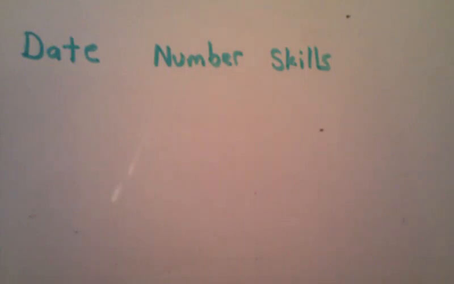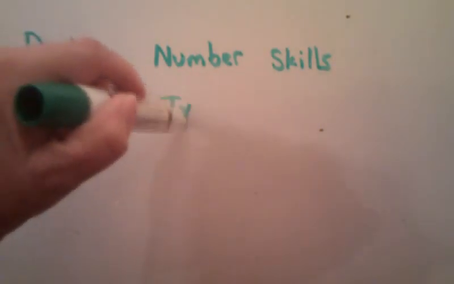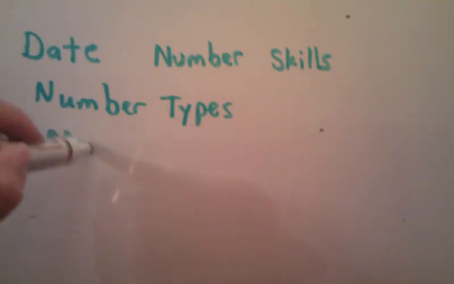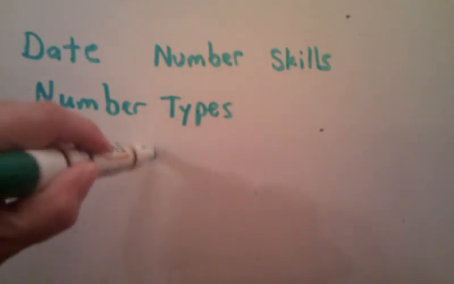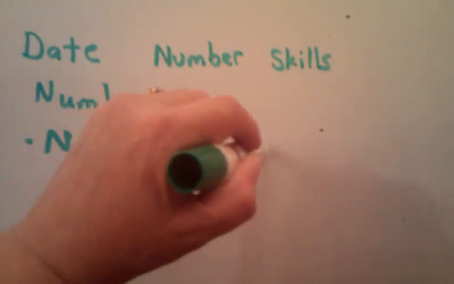So let's look at this. Number types. Okay, we have natural or counting numbers.